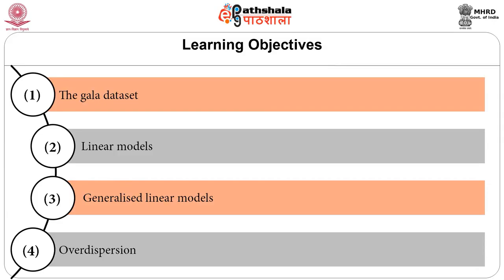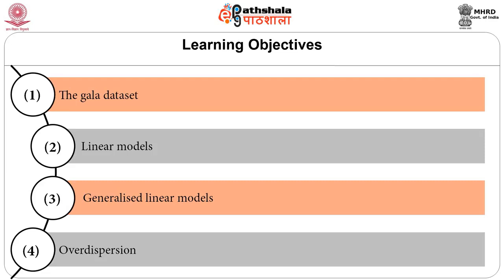Learning objectives for this module. We shall first introduce the Gala dataset from the faraway library in R. Next, we will look at trying to build predictive relationships from this data, firstly using linear models.